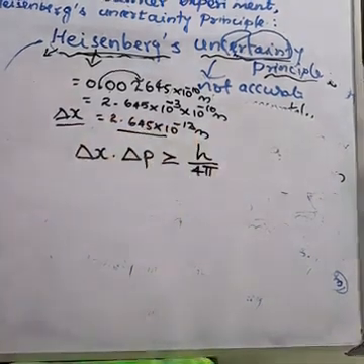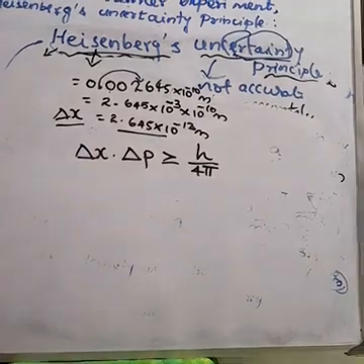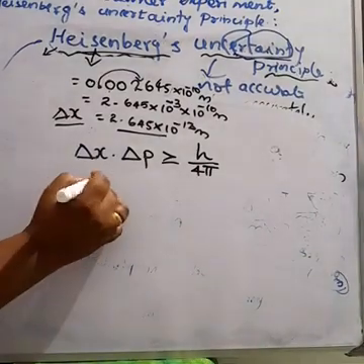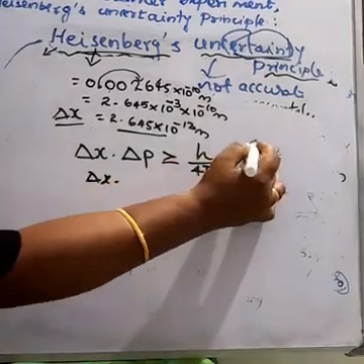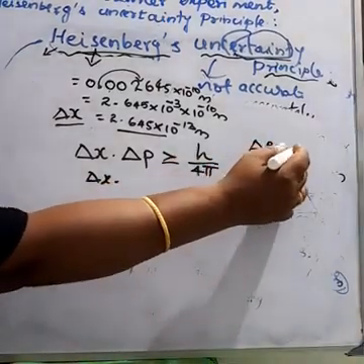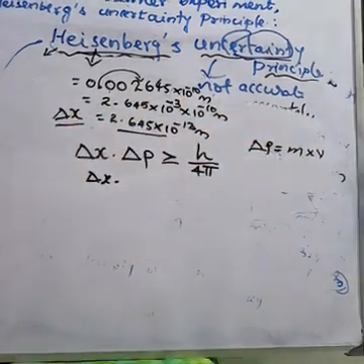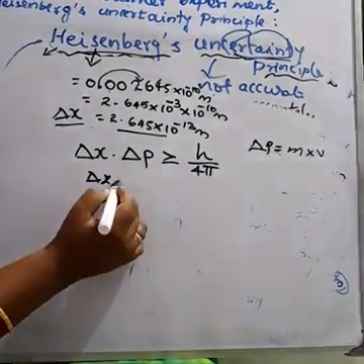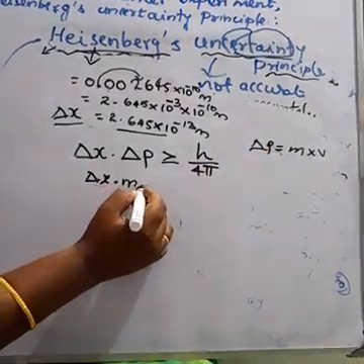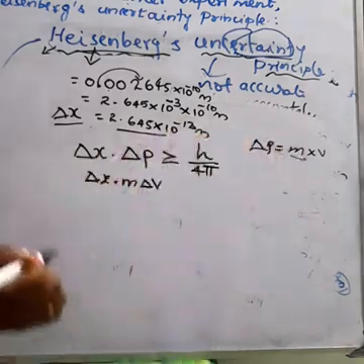Here delta x into delta p, momentum is equal to m into v. So delta x, delta p means m into delta v. The mass of the electron does not change, so only velocity changes.